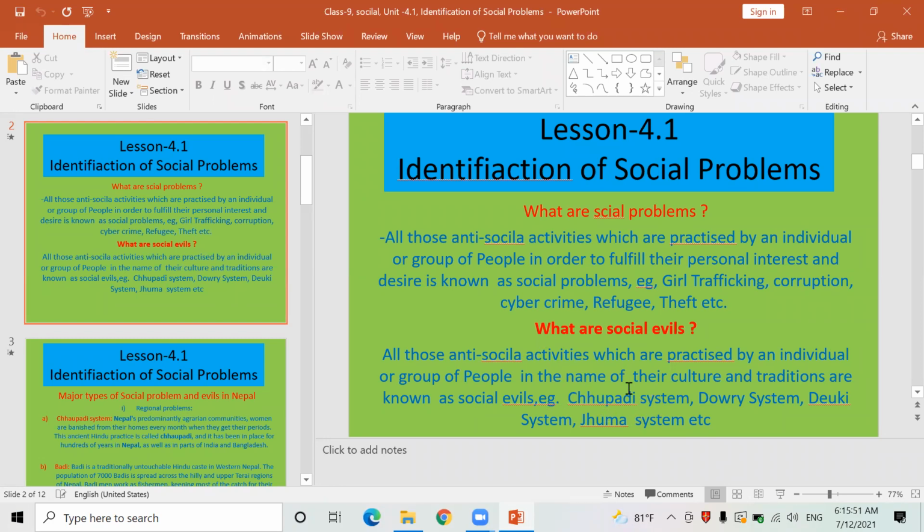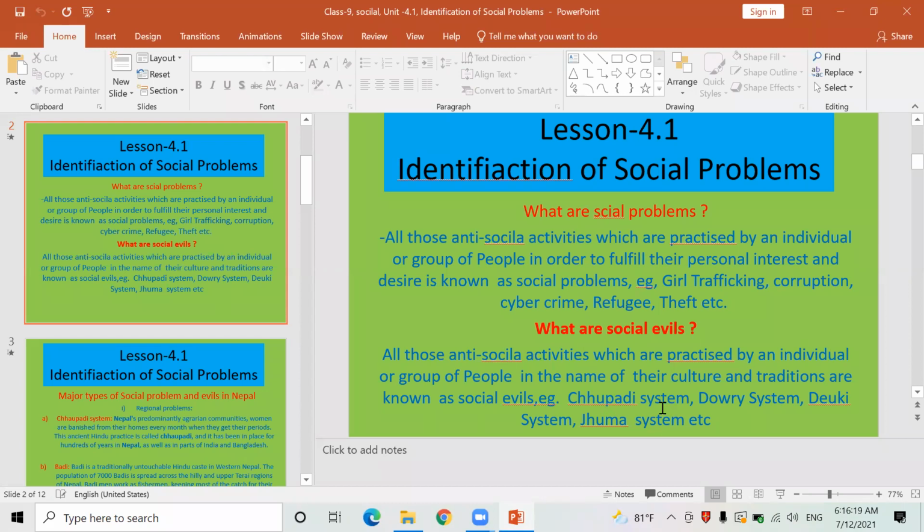So therefore, simply keep in mind all those antisocial activities, any activities against the society, which are practiced by an individual or group of people in the name of their religion and culture, like Hinduism, Buddhism, and Christianity, whichever religion they follow, and if there are such antisocial activities that harm or affect other people of the society, it is known as social evil.